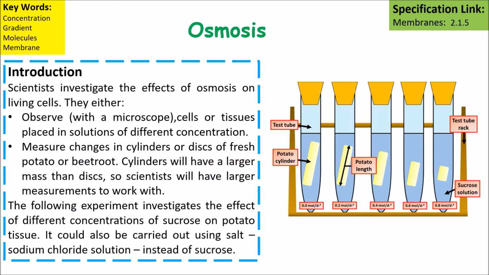So lots of experiments can be done with osmosis. Quite often we'll use something like a potato chip. So in this example, scientists investigate the effects of osmosis on potato cells. So they either observe the cells or tissues placed in solutions of different concentration. They measure the changes in the cylinders or discs of this potato or beetroot.